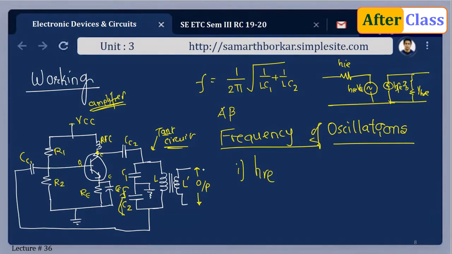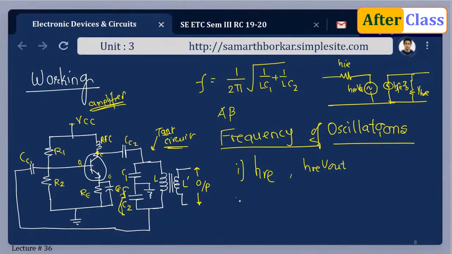So here in this analysis we are going to take the approximate path. The value of HRE is 10 to the power minus 4, and typically this VCE is the output voltage which is of the order of 5 to 6 volts. So the product happens to be very small. So HRE of the transistor is negligibly small, and therefore we can neglect the product of HRE and V out, and instead of this we are going to use a short.